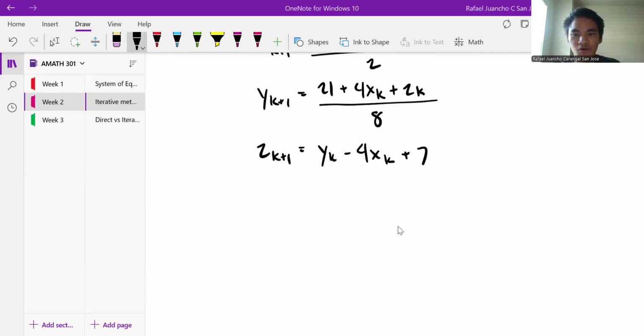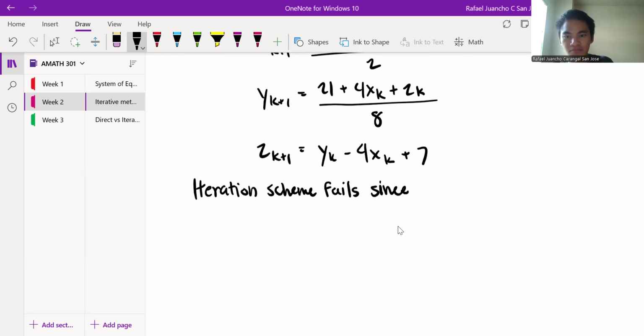So our iteration scheme fails, since our k actually goes to infinity.